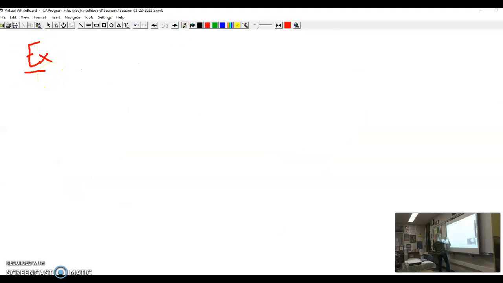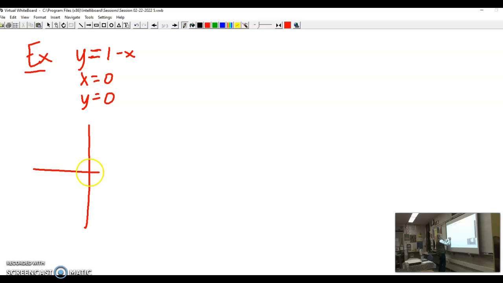I'm going to give you a function, y equals 1 minus x, and x equals 0, y. So let's draw it. I should have drawn it bigger. Here we go.